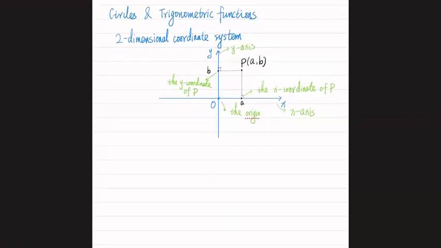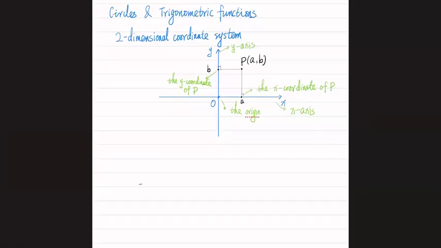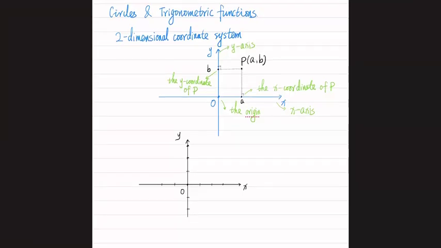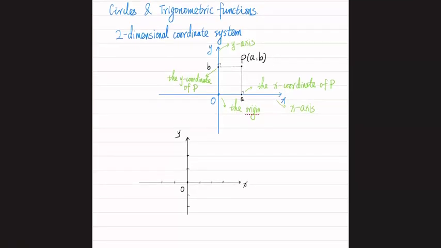For example, okay, let's try. I'm going to mark this x, y, O. Excuse me?